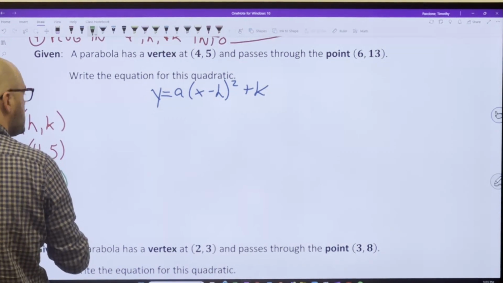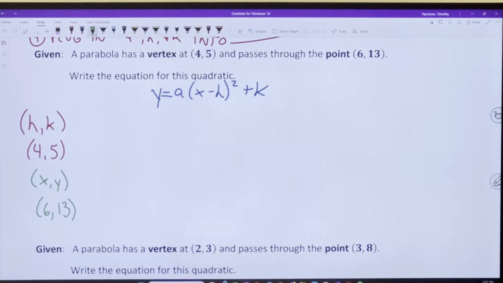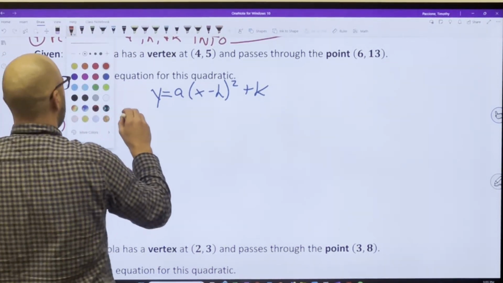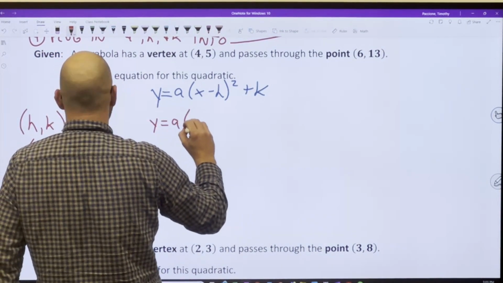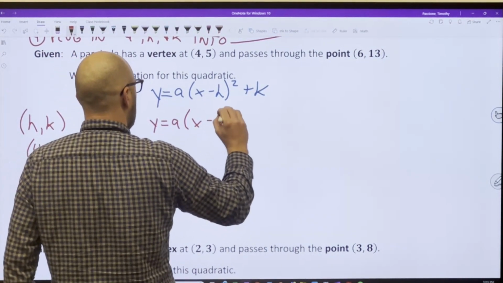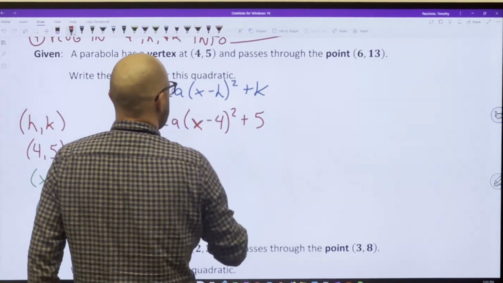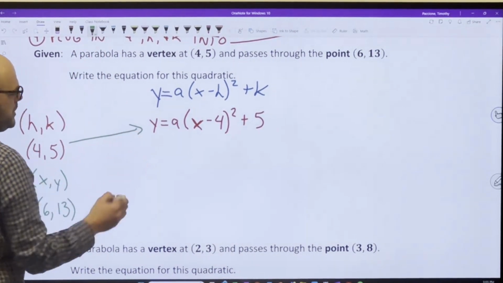So that's 6, 13. Okay? So those are the things that we're going to use to help us. The first step is to plug in our h and our k. So y equals a times x minus 4 squared plus 5. Okay? So that is our h and our k going into the equation.